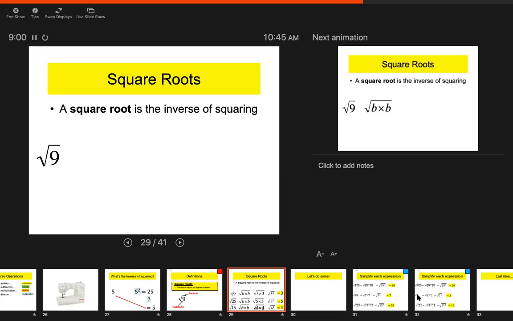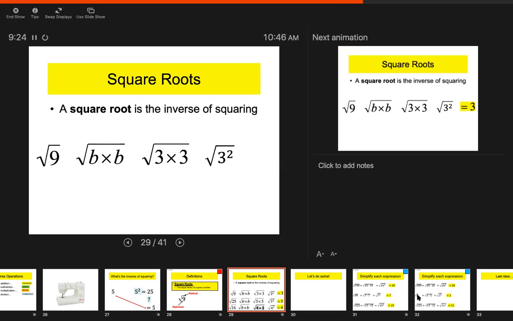So here's what it means. When you see this symbol, you ask yourself, what number times itself is 9? 3. 3 times 3. Well, 3 times 3 can be written as 3 to the 2nd power, 3 written twice. And we said that square root is the inverse of squaring.